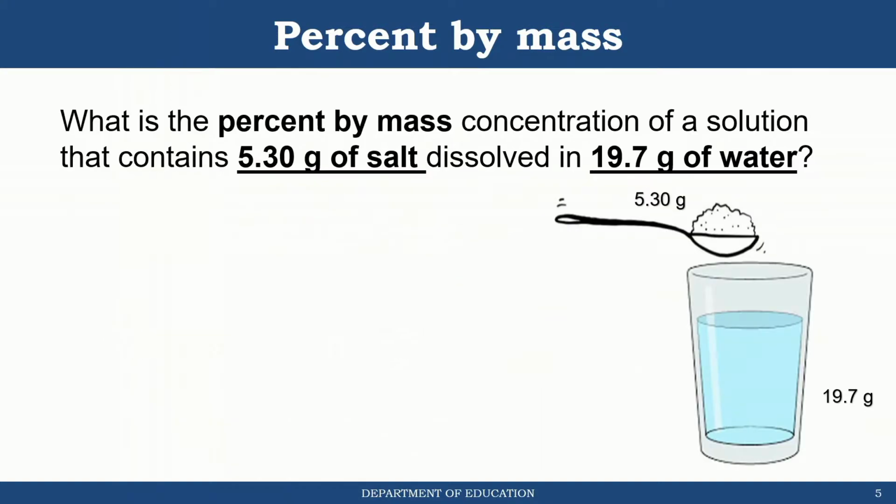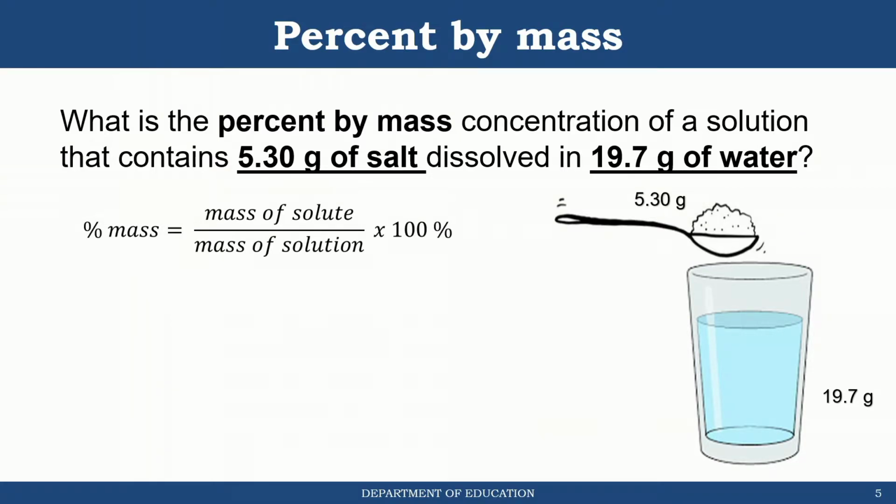Let's have this example. What is the percent by mass concentration of a solution that contains 5.30 grams of salt dissolved in 19.7 grams of water? To calculate, we have percent by mass is equal to the mass of solute divided by the mass of solution times 100%. Let's substitute the mass of solute to 5.30 grams and the mass of solution to 5.30 grams plus 19.7 grams.